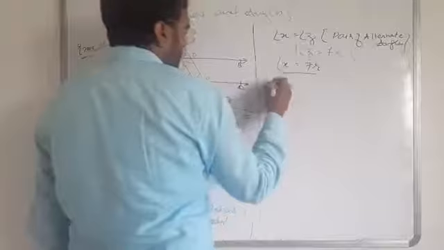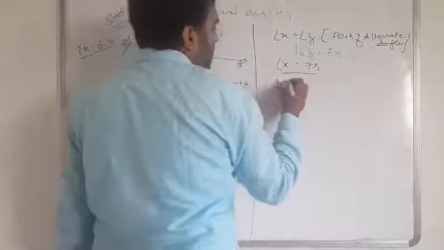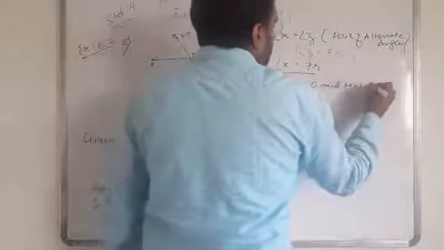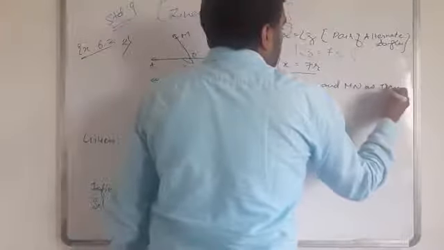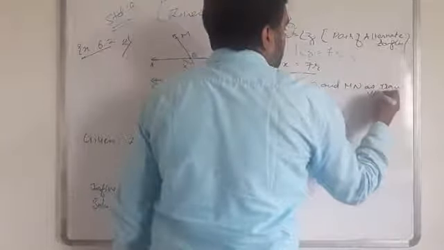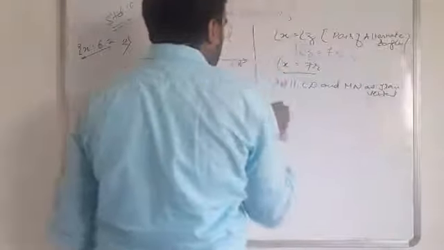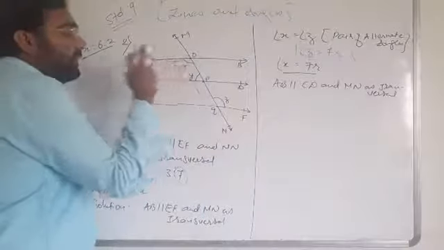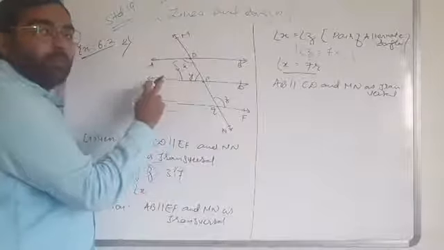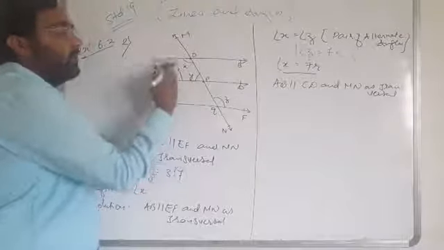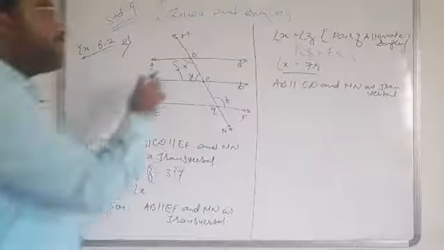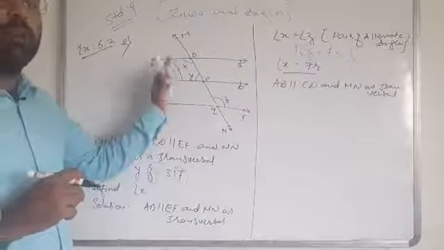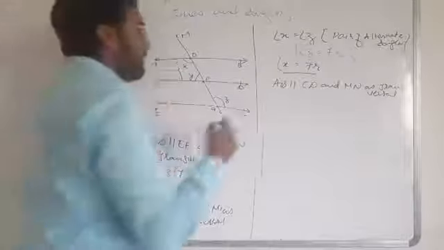So when I remove EF and take only AB parallel to CD and MN as transversal, we have to see that angle X and angle Y are in the same direction and make a pair of co-interior angles.